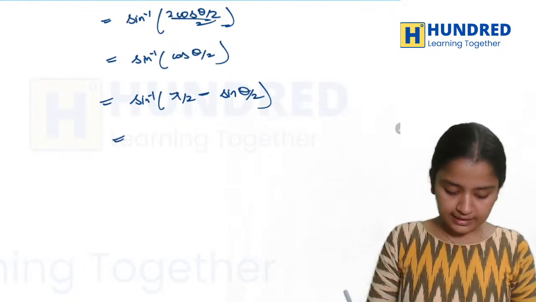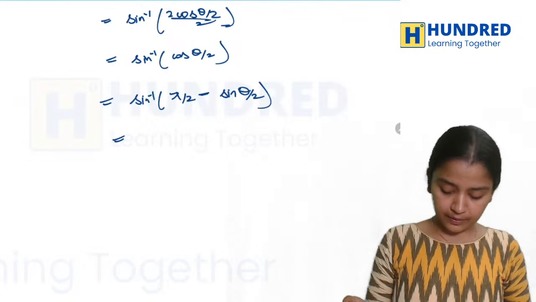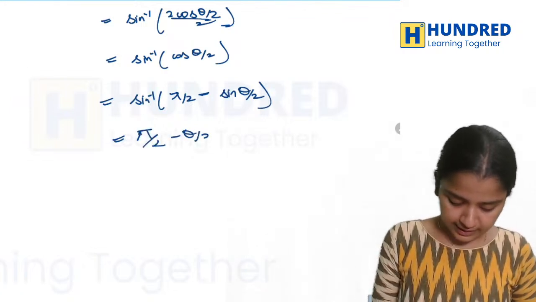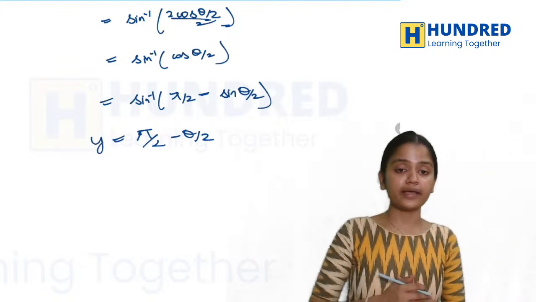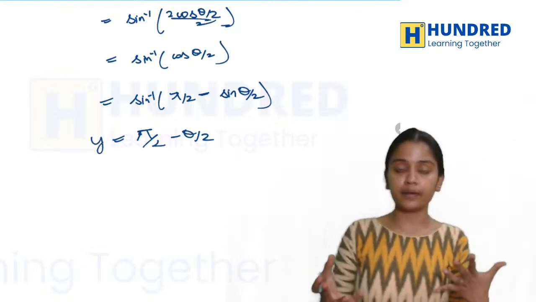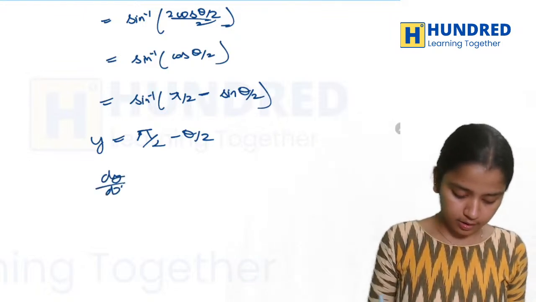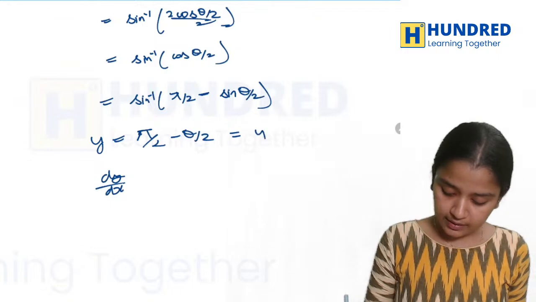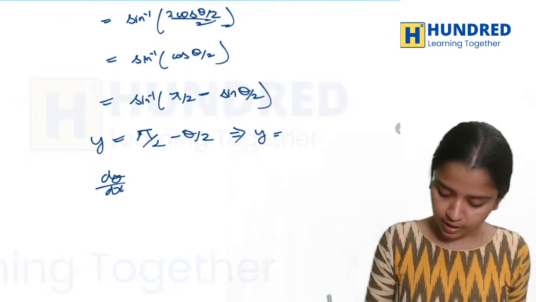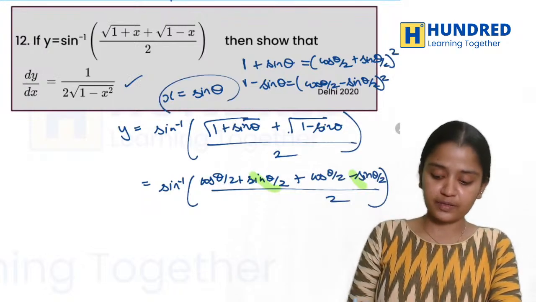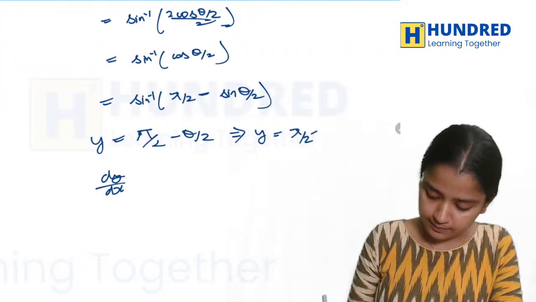So இத வந்துட்டு further நான் பண்ணா you will be having it as pi by 2 minus theta by 2. So இதுதான் என்னோட y இருக்க போகுது. Now I have to differentiate it. So if I differentiate dy by dx, y is equal to pi by 2, இங்க theta க்கு பதிலா theta is nothing but sin inverse of x.